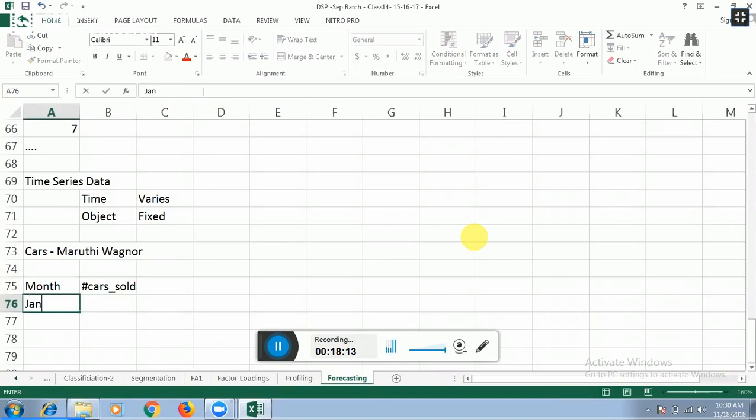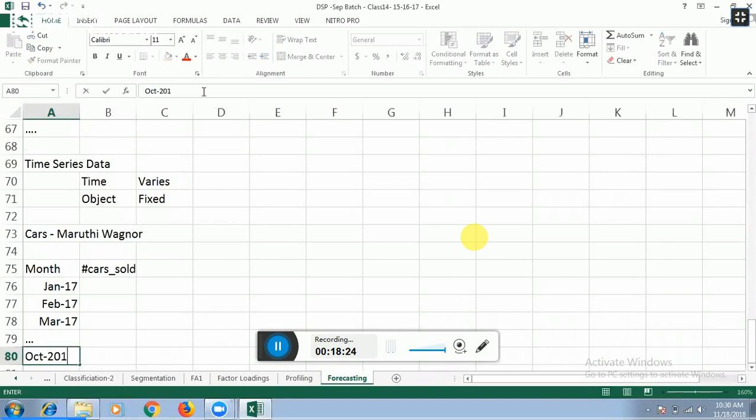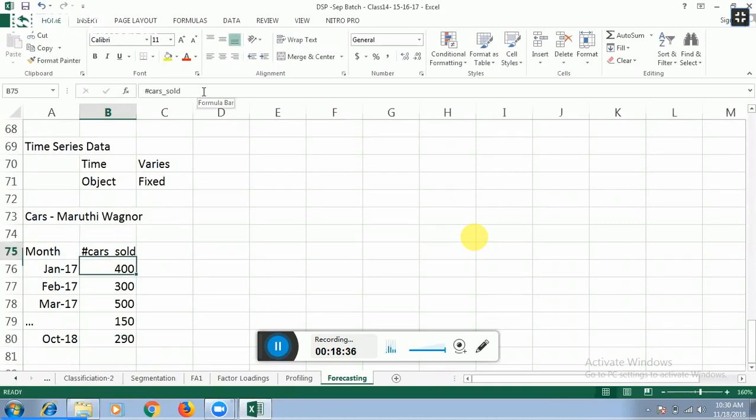Month: January 2017, February 2017, March 2017, and so on up to October 2018. Suppose this is the data you have: they sold 400 cars here, 300 cars here, 500 cars here, 150 cars here, 290 cars here, something like that. So in this case, what is varying? The time is varying, and the object is fixed; I'm talking about a particular series for a Maruti car.